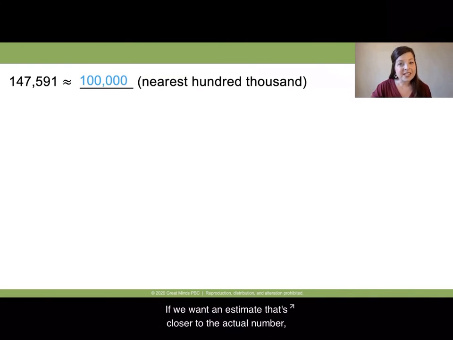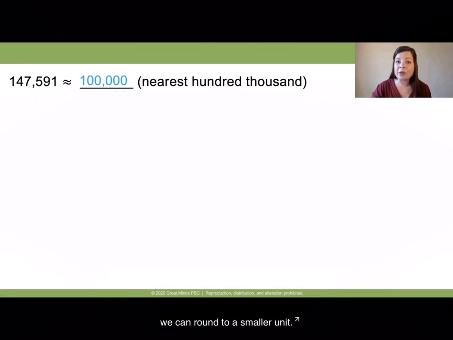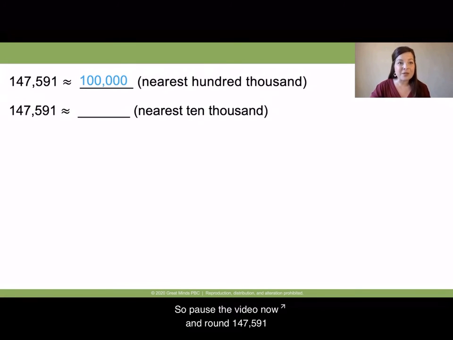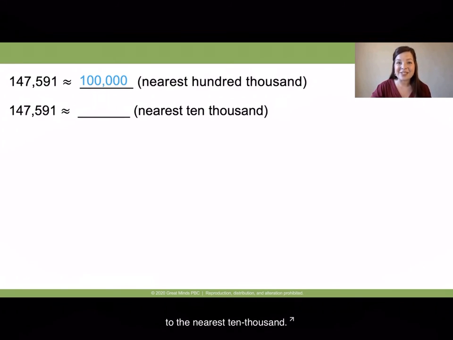If we want an estimate that's closer to the actual number, we can round to a smaller unit. What's the next smaller unit than 100,000s? The next smaller unit is 10,000s. So pause the video now and round 147,591 to the nearest 10,000.